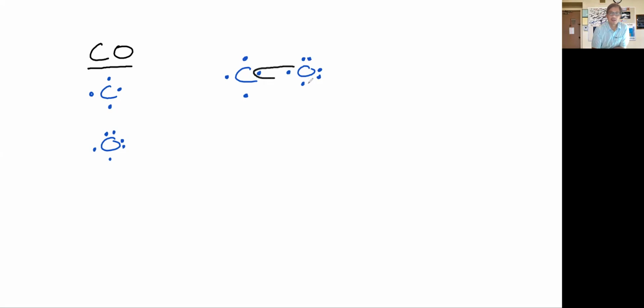And these two here, and that seems pretty reasonable to us. A double bond forms between carbon and oxygen. In this case, oxygen has its 8, but carbon only has 6. And that's it.